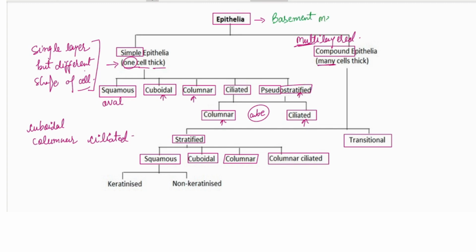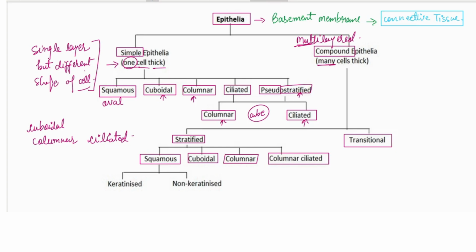After the basement membrane there would be the connective tissues. So the connective tissue and the epithelial tissue are actually connected with the help of the basement membrane. We will see this in detail, but first I hope this is clear to you, because let me explain again.